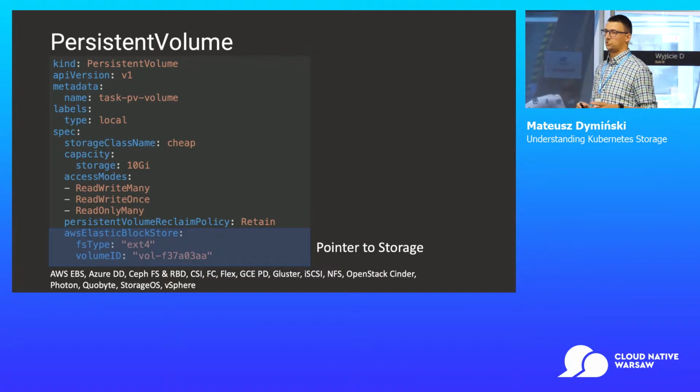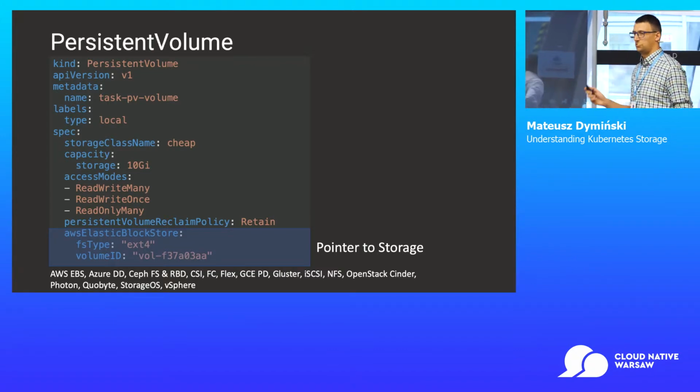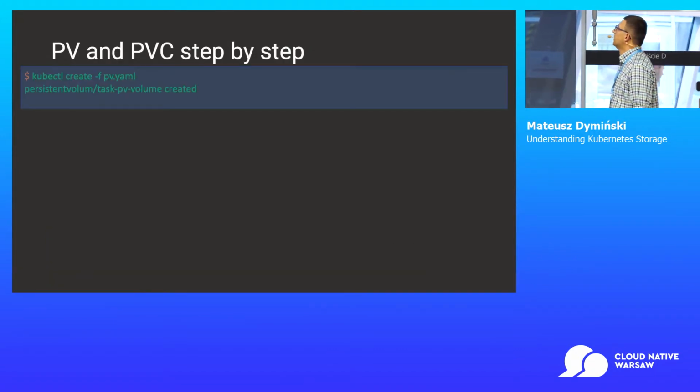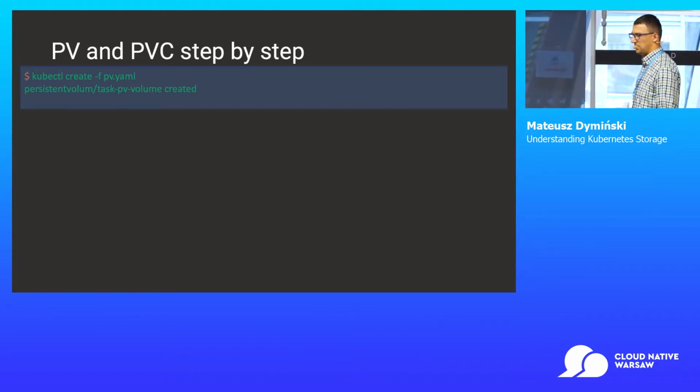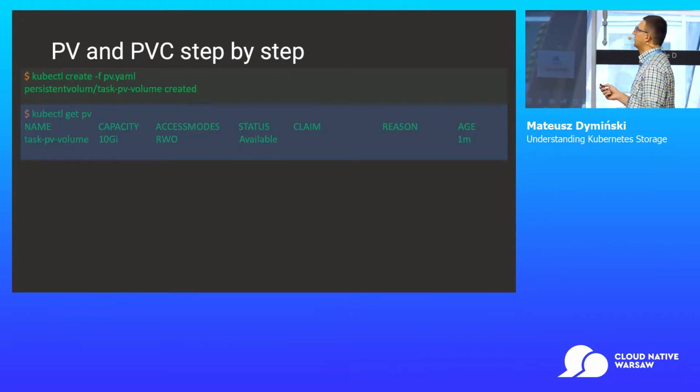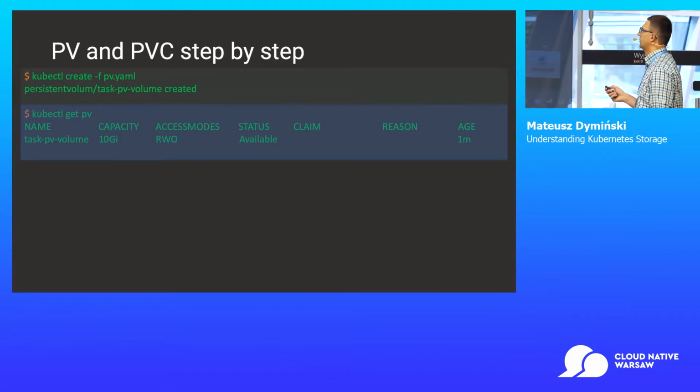So now we are not talking about dynamic provisioning. We are going to talk about it in a minute. So how does it work, how to run this persistent MySQL. The very first thing, we need to create a persistent volume. Then we get the persistent volume, so we are checking what's the state. So now we can see that we've created a persistent volume, it has a capacity, it has access modes, and it's available.